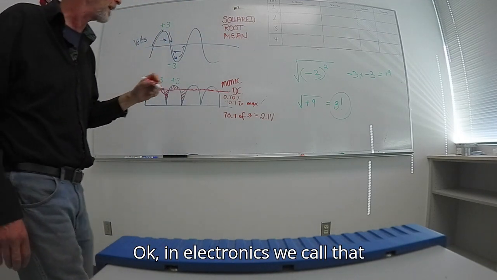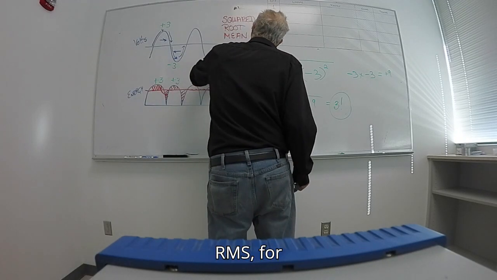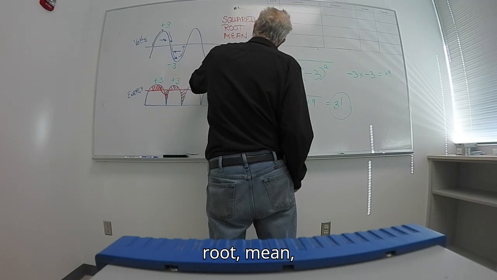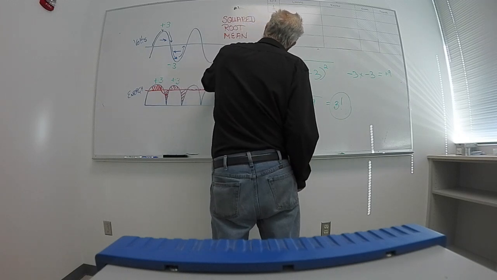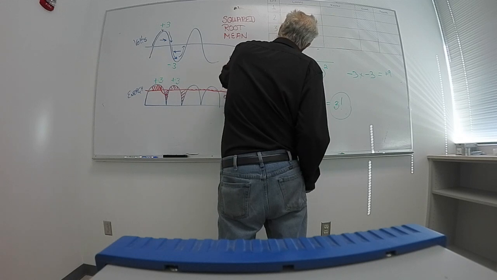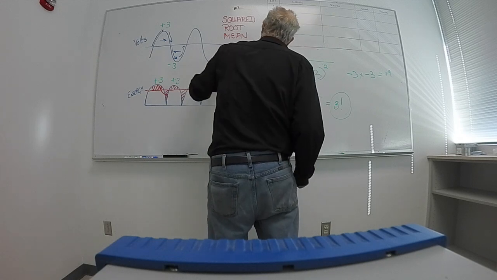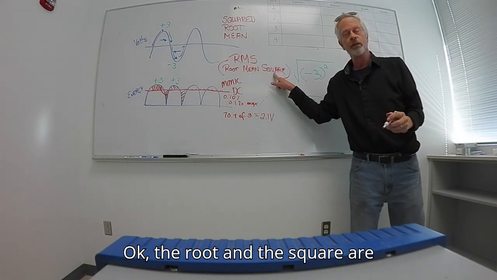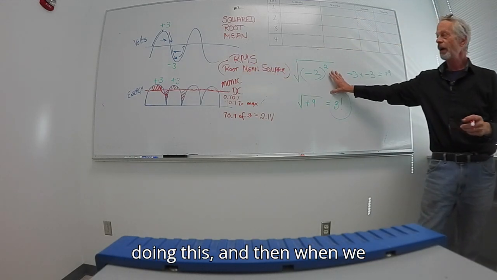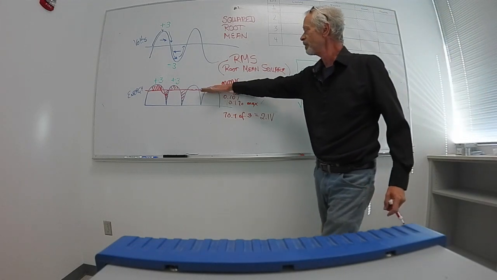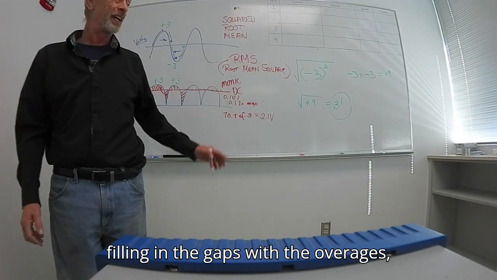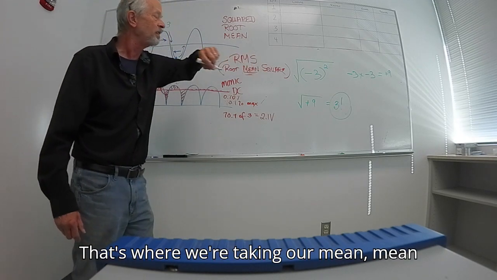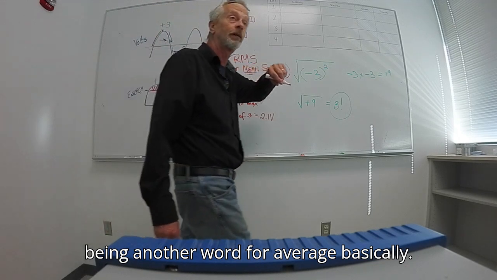Okay, in electronics we call that RMS, for root, mean, square. Okay, the root and the square are doing this, and then when we take the average, filling in the gaps with the overages, that's where we're taking our mean, being another word for average, basically.